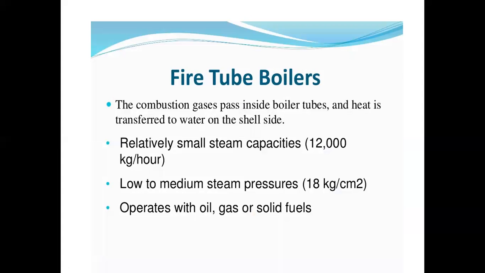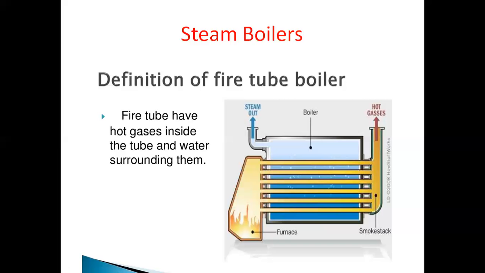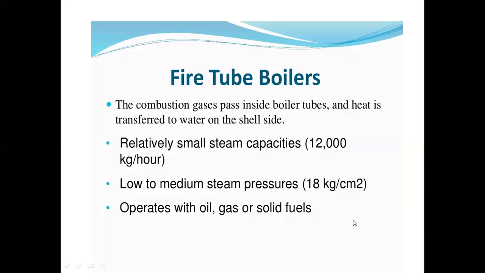In the fire tube boiler the water content is more. It is a shell type, the size is like a shell type boiler, so a larger quantity of water is used in the boiler shell. These fire tube boilers are used for small capacity applications, with steam generation capacity up to 12,000 kg per hour.